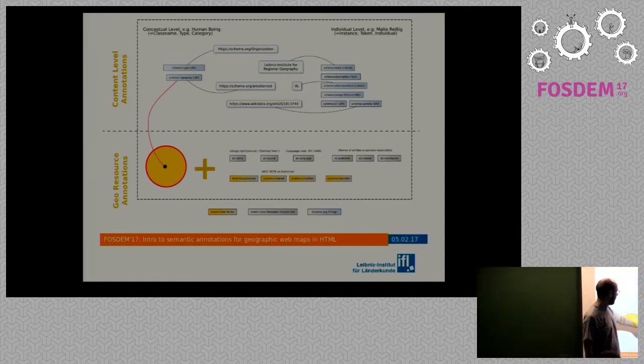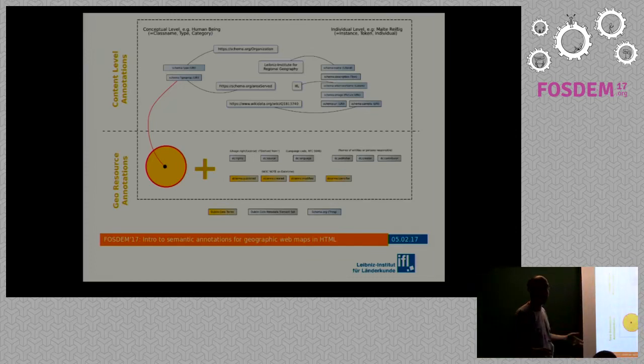Dublin Core is an old, established metadata standard to annotate any kind of information resource. So it just contains very basic terms to describe data sets or data entries. Overall, these are the 20 terms or so which I propose to annotate a web map element with.